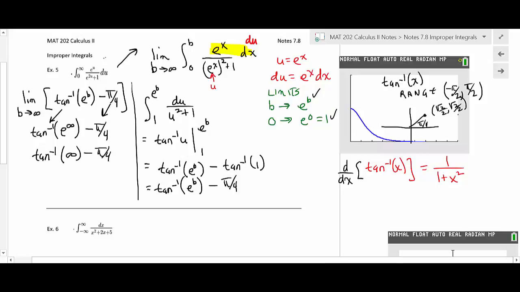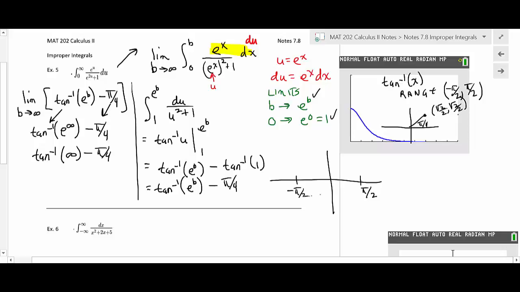A couple of ways I can explain this. One way would be to just remind you of how the graph of a tangent goes. That'll help you a little bit. On a unit circle, when you're at pi over 2, what is the value of the tangent at pi over 2, since it's y over x? It's undefined, right?